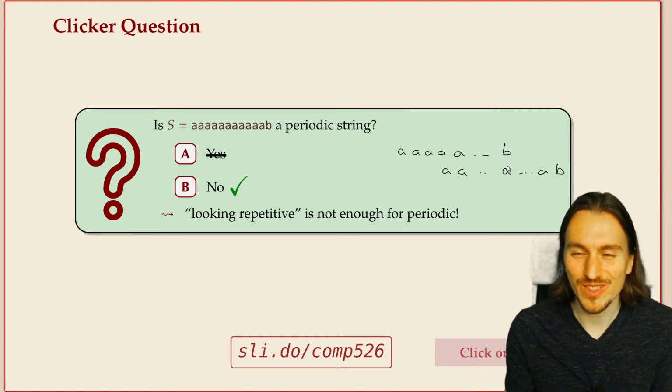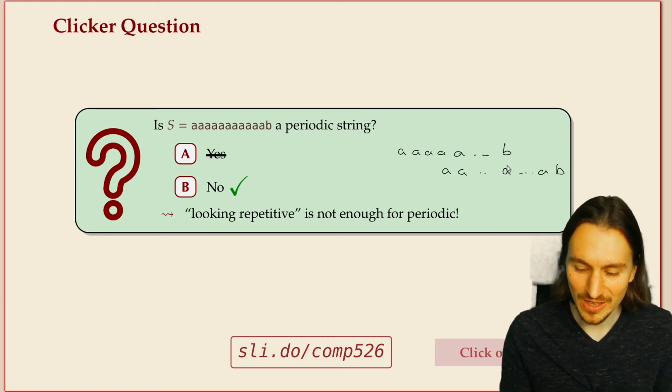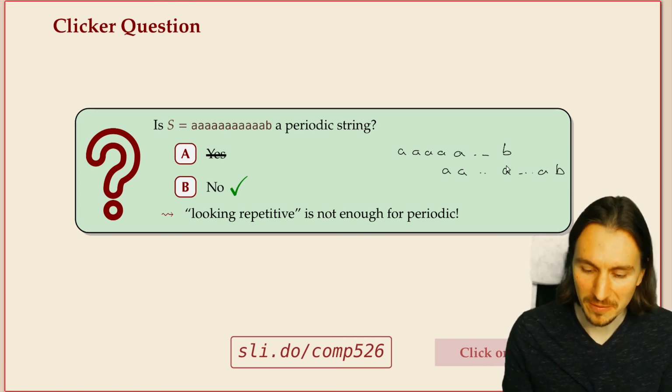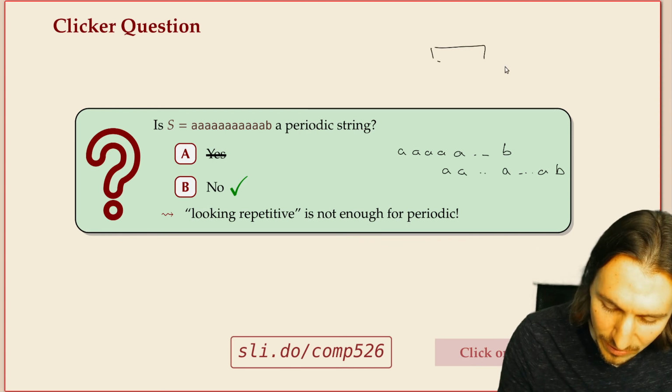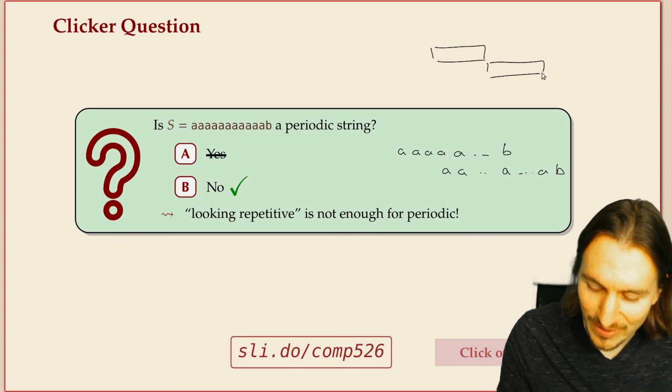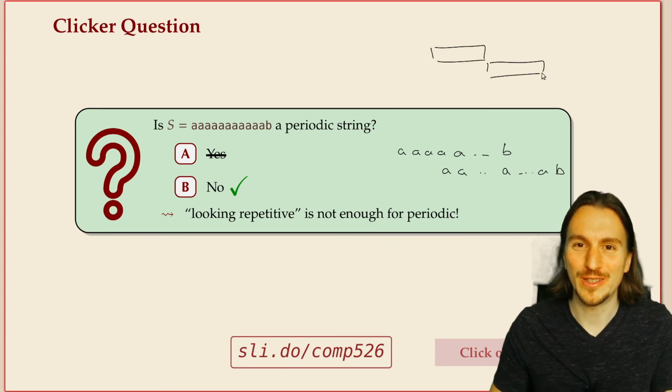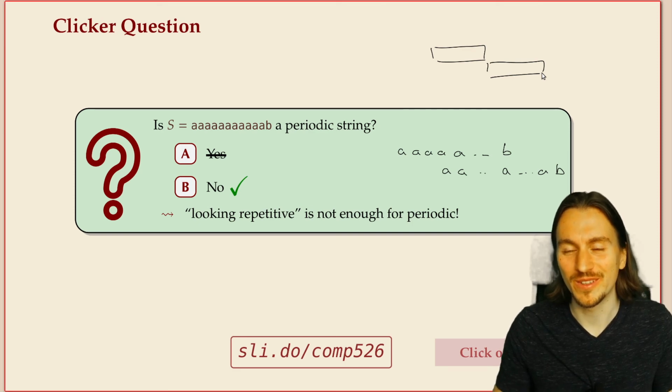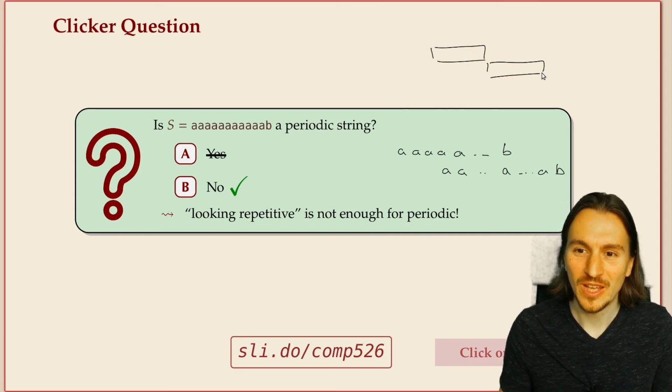This string has no non-trivial period. You can never align the B with anything. The only option you have is to shift it entirely behind itself. This formally qualifies as the period N, but it's not an interesting one.